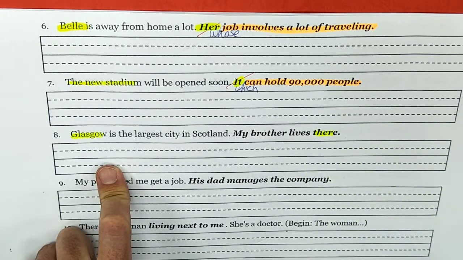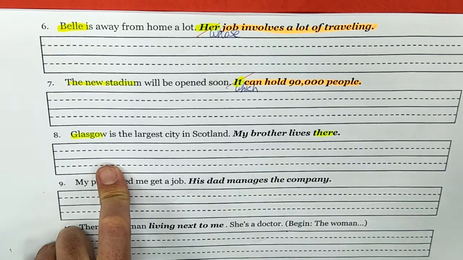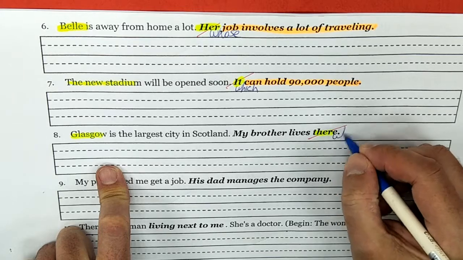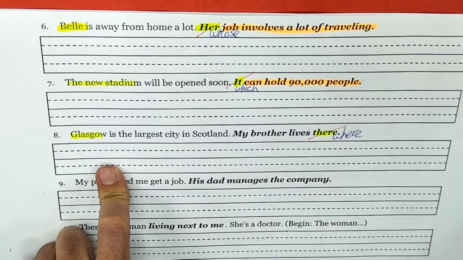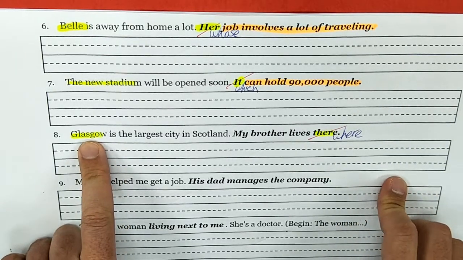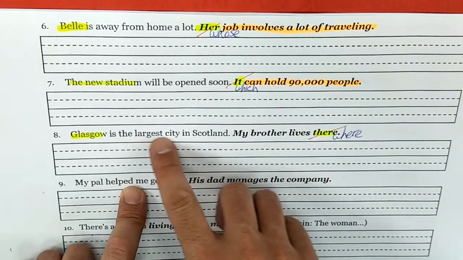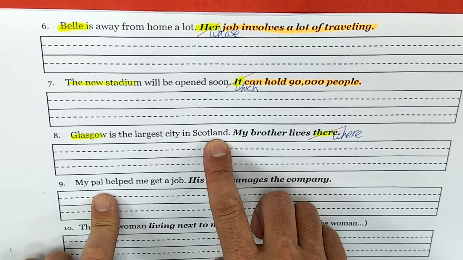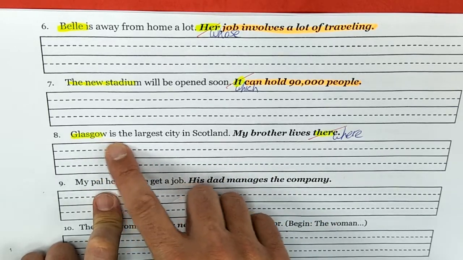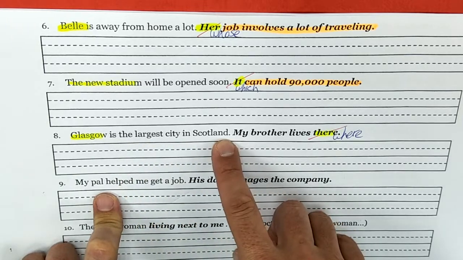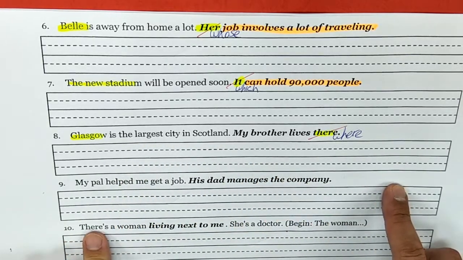So this time, I think I'm going to get rid of there, and I'm going to write where. So, Glasgow, where my brother lives, is the largest city in Scotland.